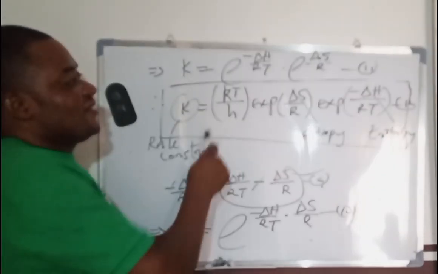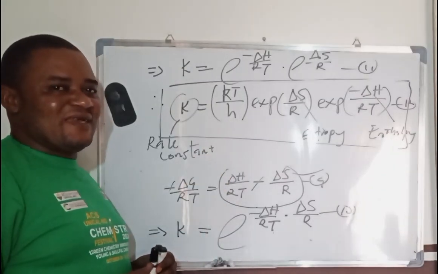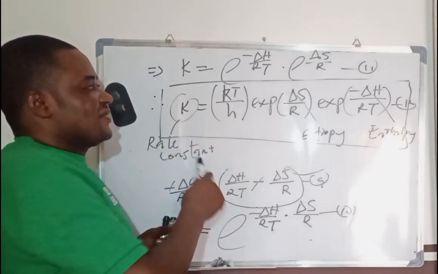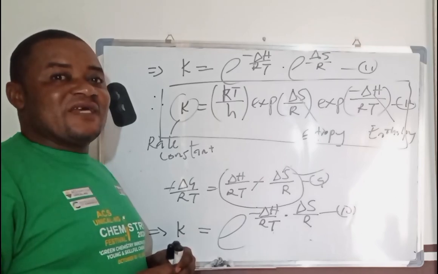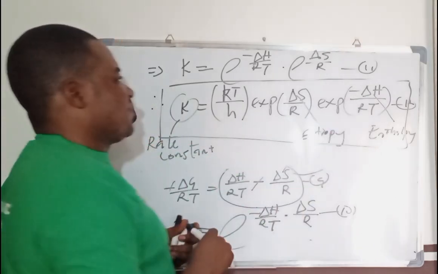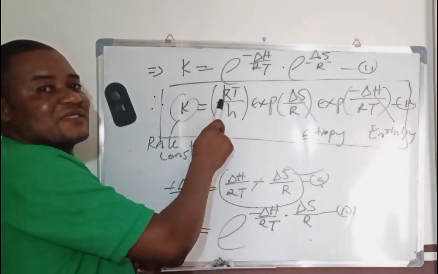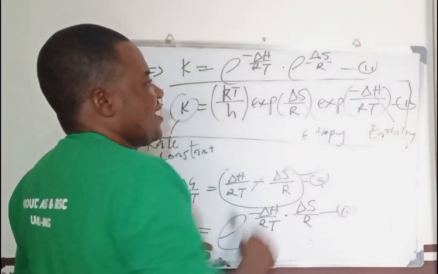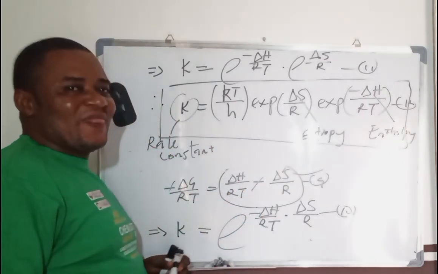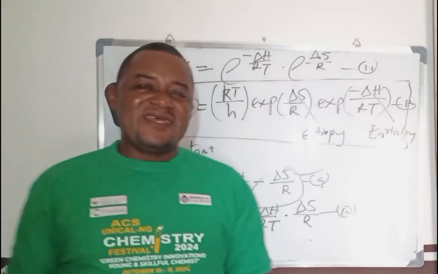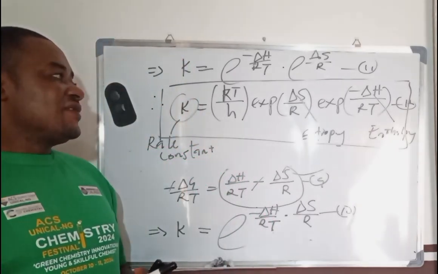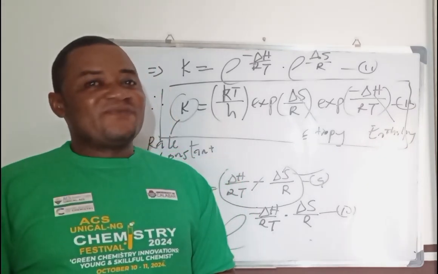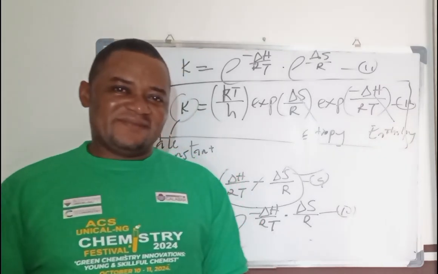Equation 12 is the transition state equation that will allow you to calculate your rate constant, your entropy, and your enthalpy. Of course, these are constants: the Boltzmann constant, absolute temperature, Planck constant, the gas constant, as the case may be. Now you can see how very simple it is to derive the transition state equation from the thermodynamic perspective.